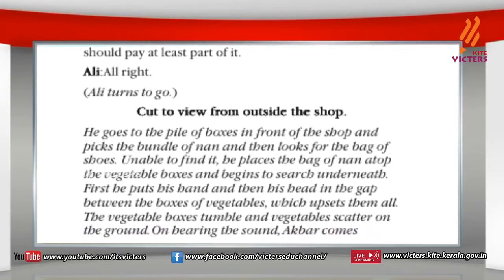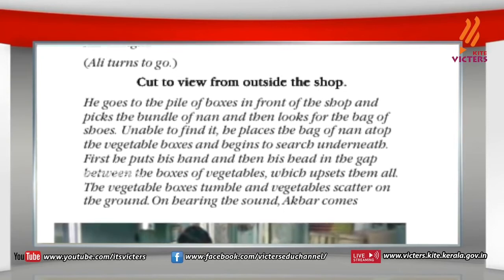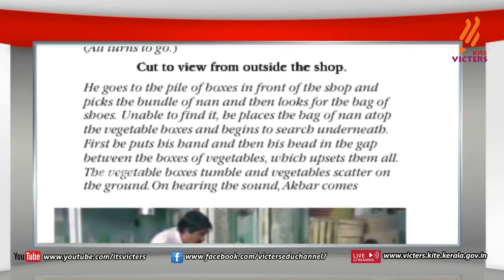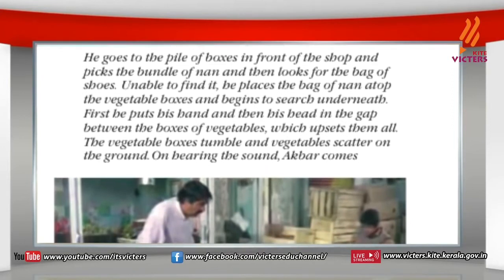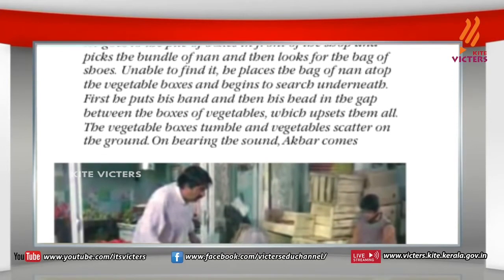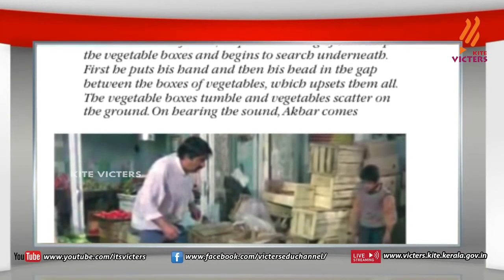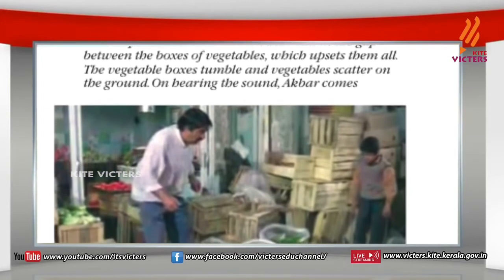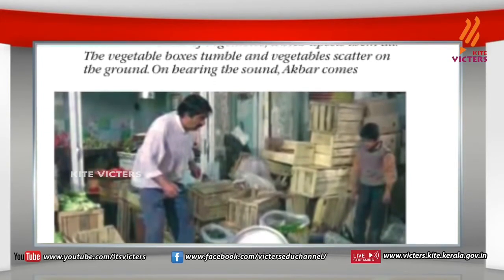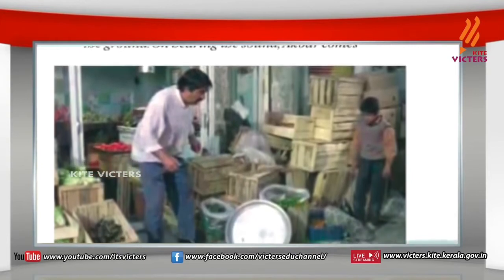Cut to view from outside the shop. He goes to the pile of boxes in front of the shop, picks up the bundle of naan, and then looks for the bag of shoes. Unable to find it, he places the bag of naan atop the vegetable boxes and begins to search underneath. First, he puts his hand and then his head in the gap between the boxes of vegetables, which upsets them all.